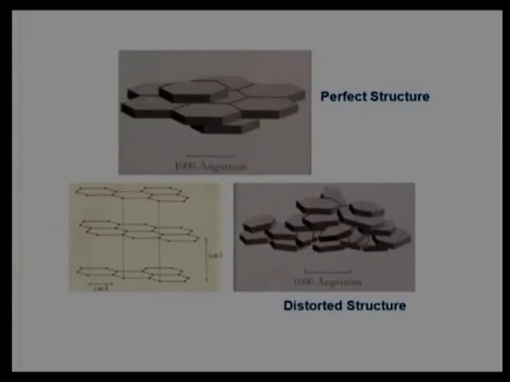That means if the load is very high, the coefficient of friction will increase drastically because of the distortion of their structure. This diagram shows the bond length. It says that between layer to layer is 3.35 angstrom, which is higher compared to within a layer, which is around 1.42 angstrom. With the longer bond length between layers, they can act as a layered structure, and one layer can slide on another layer.